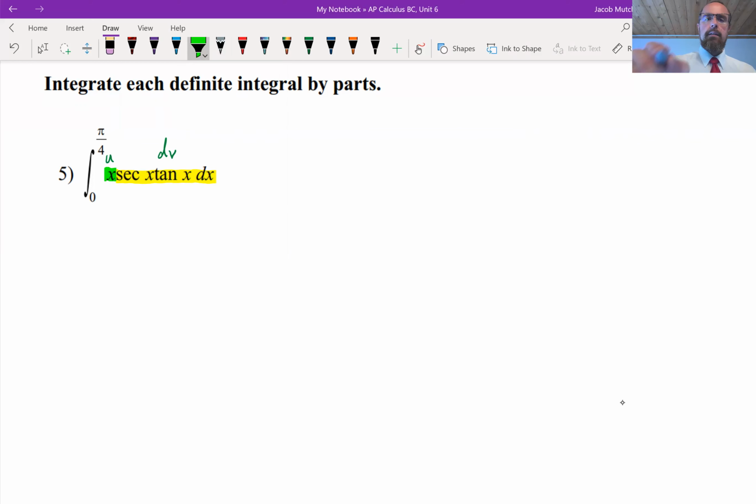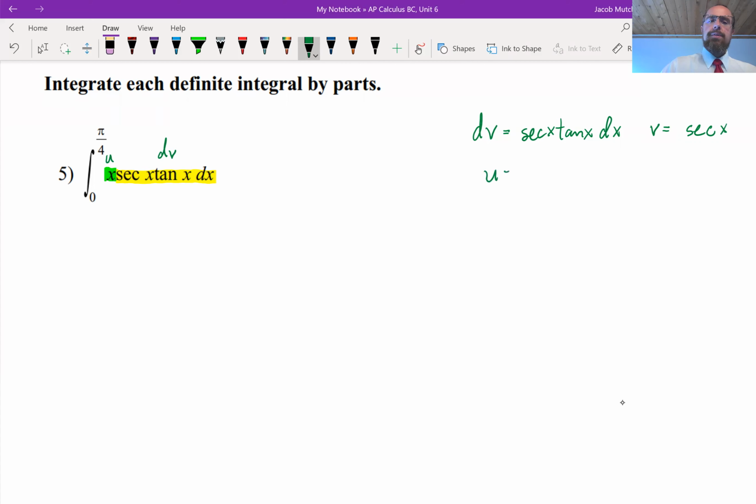So we'll start with those assignments. So again, we'll begin dv is secant x tangent of x dx. So that implies that v, if I integrate secant x tangent x dx, that's going to give me secant of x. That's the antiderivative for secant x tangent x.